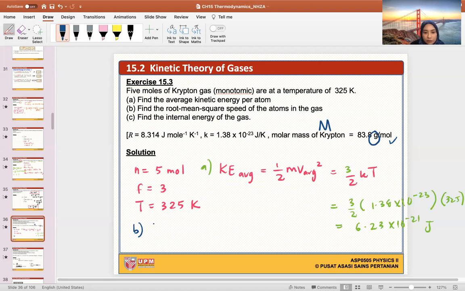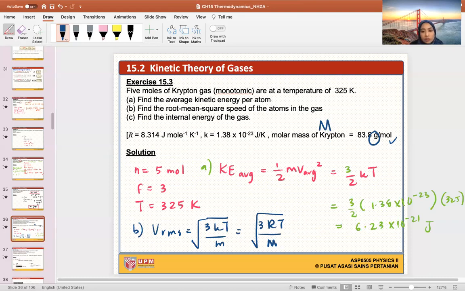So VRMS, the equation for monatomic gas is the square root of 3kT over small m, or the square root of 3RT over capital M. Since we have capital M, let's use the second equation.